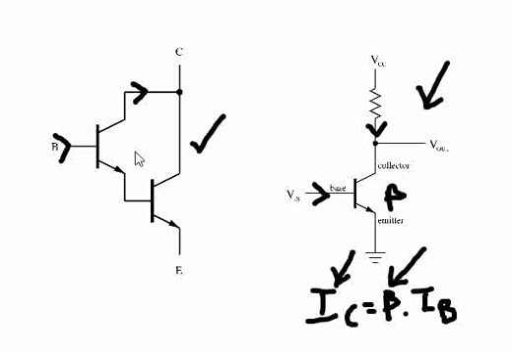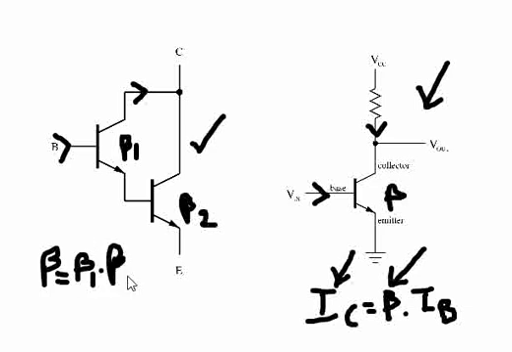This first transistor has a current gain called beta 1, this one has a current gain called beta 2, and the overall current gain of this entire Darlington pair is beta 1 into beta 2, which is a multiplication of the current gains, a very high current gain, right?